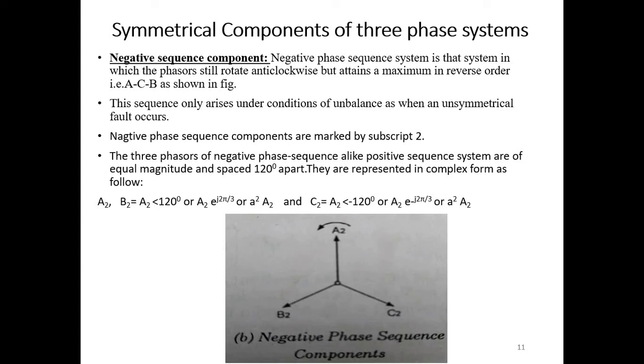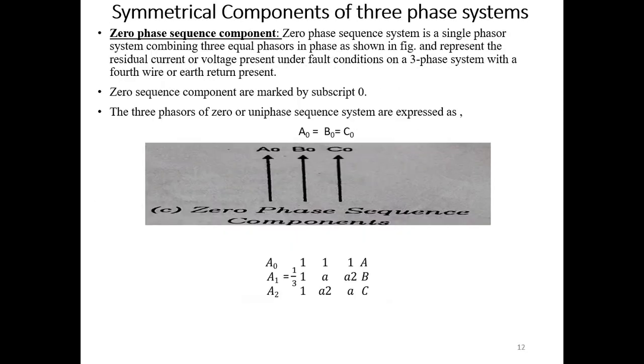B2 is equal to A2 at an angle of 120 degree, or A2 e raised to j2 pi by 3, or it is small a square... rather, small a A2. And C2 is the negative phase sequence component of phase C. What is the relation between C2 and A2? C2 is equal to A2 at an angle of minus 120 degree, or A2 e raised to minus j2 pi by 3, or it is represented by small a square A2.